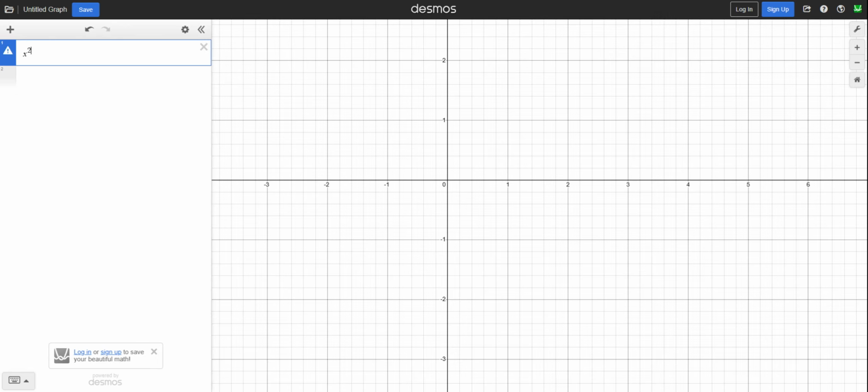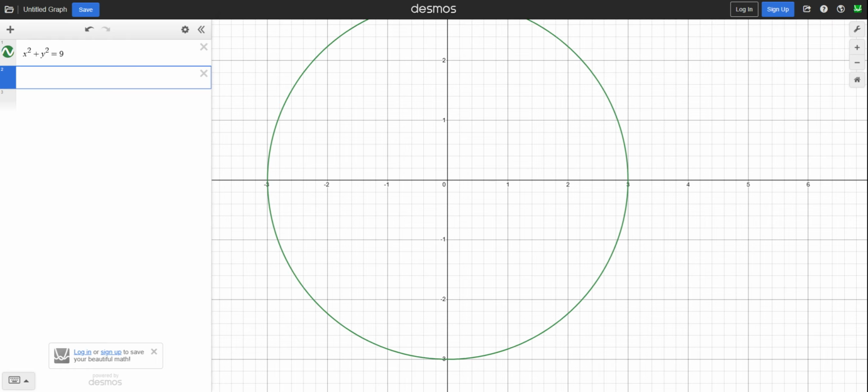X squared plus y squared equals 9, and then negative x plus y equals negative 3. All right? This is systems of nonlinear equations.